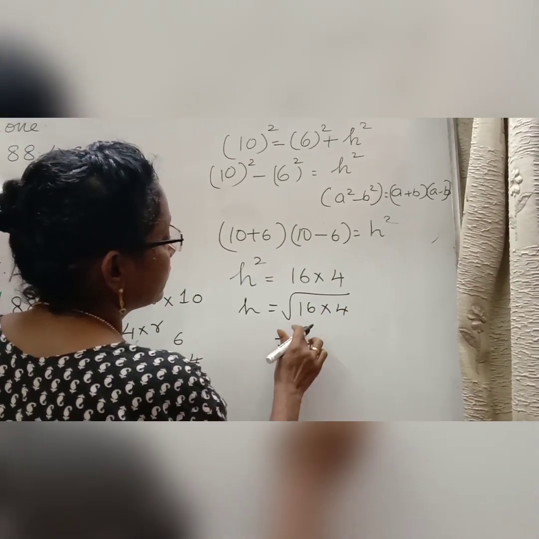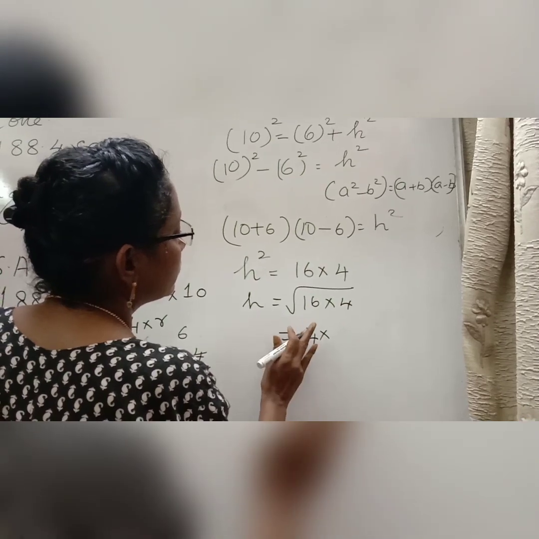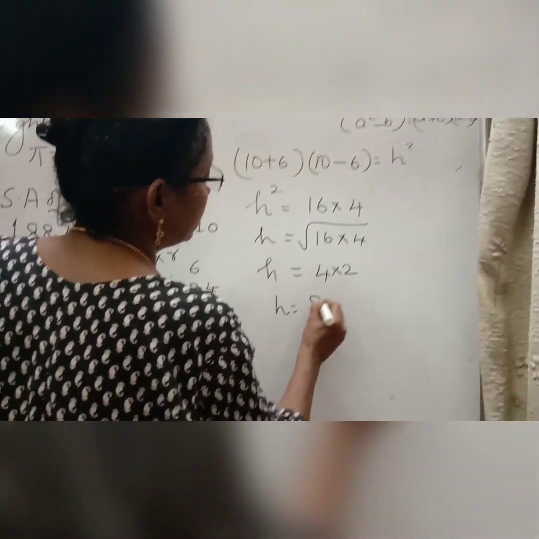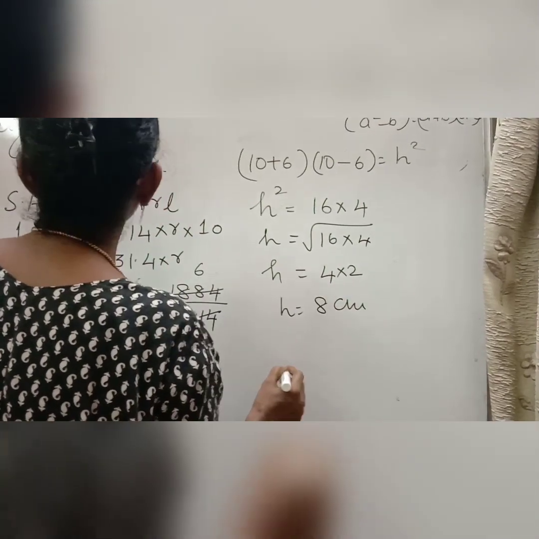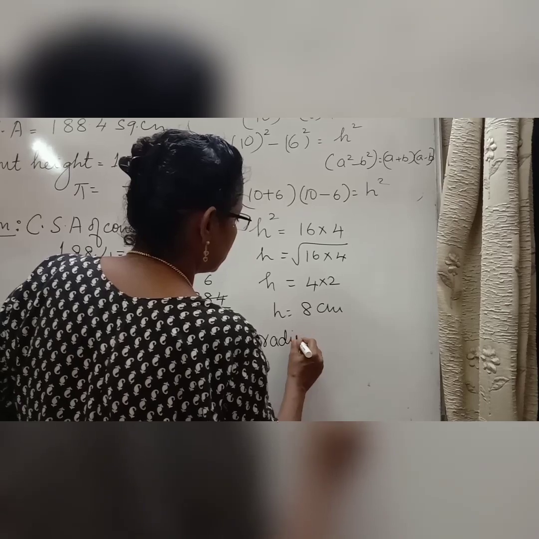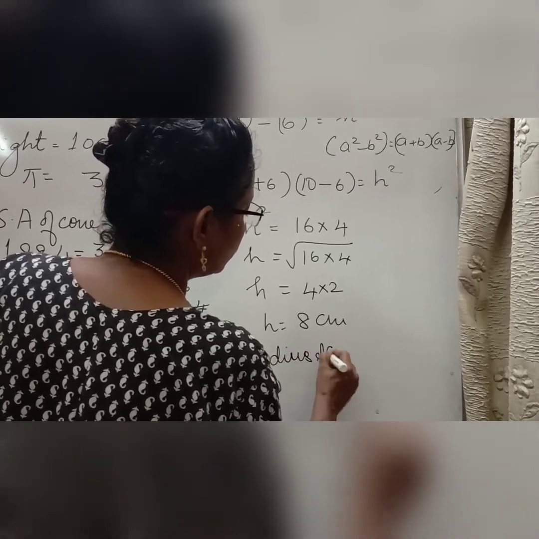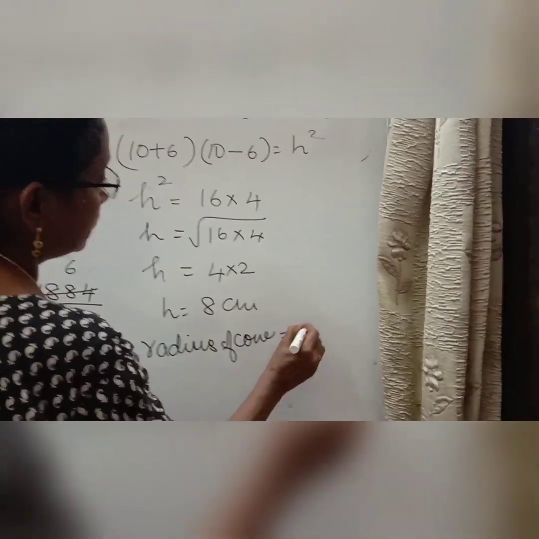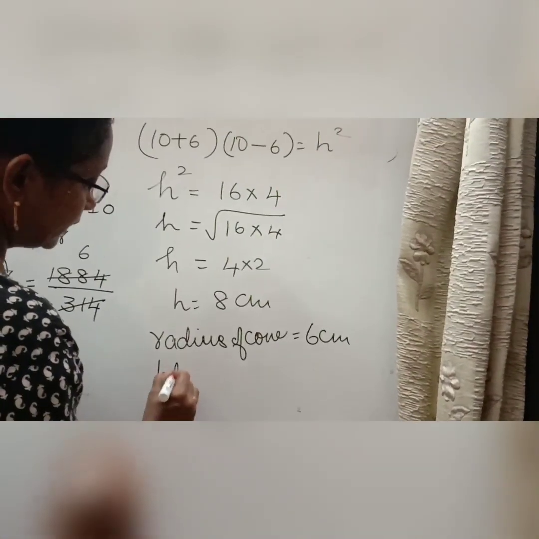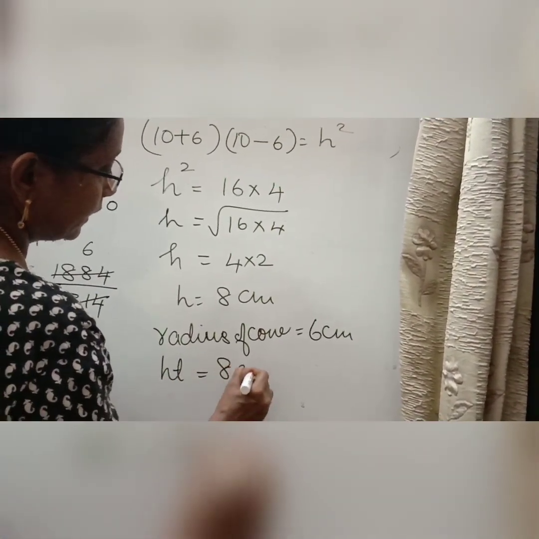So that is 4 into 2. h is equal to 8 centimeter. So we have the answers. Radius of cone is equal to 6 centimeter and height is equal to 8 centimeter.